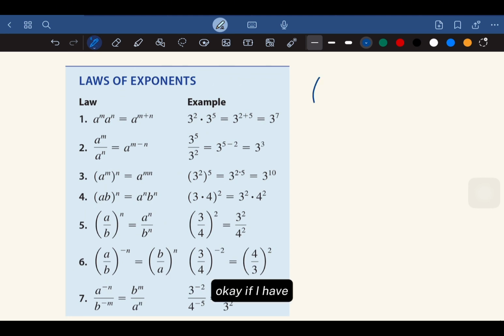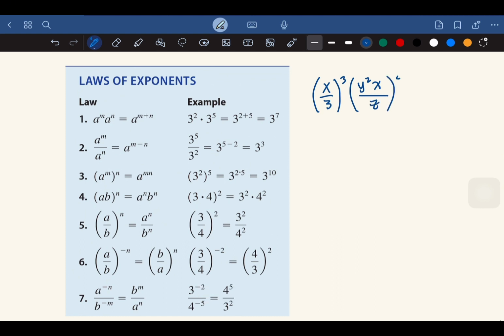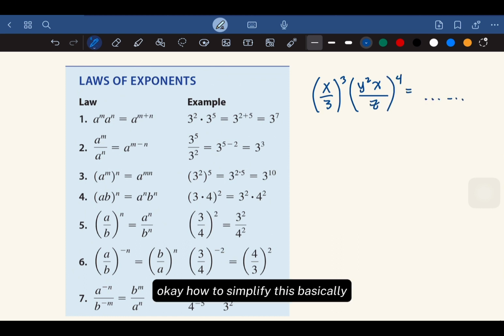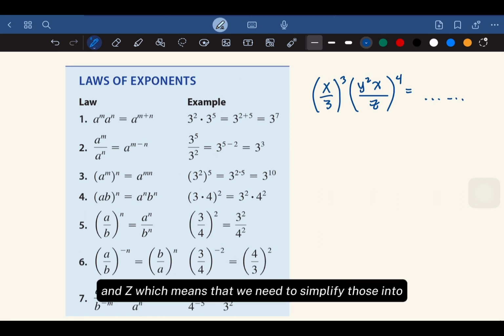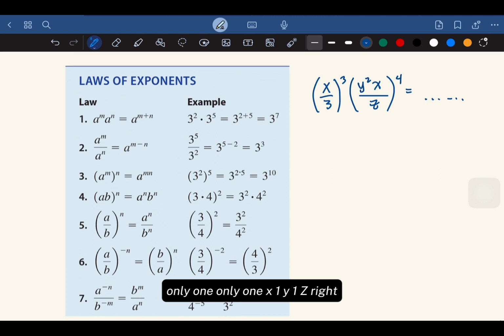Okay, how to simplify this? Basically, you see that we have x, y, and z, which means that we need to simplify those into only one x, one y, one z, right?